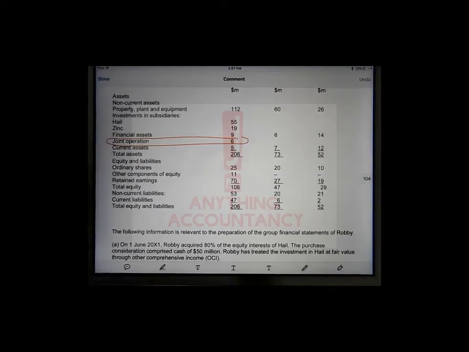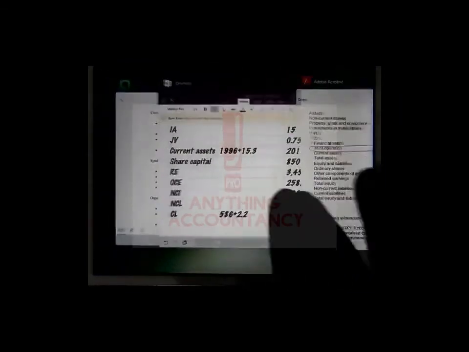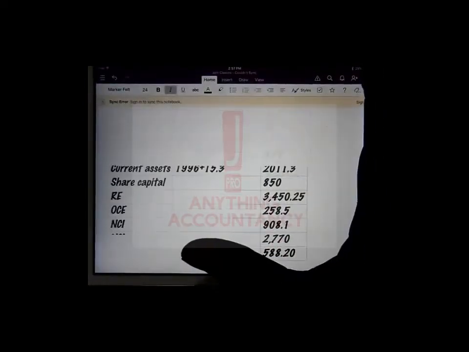So for this one you have to do some correction. In other words, in their accounts, they already created an account code called joint operation, which is wrong. So how to account for this? These are the accounting entries for Robby.